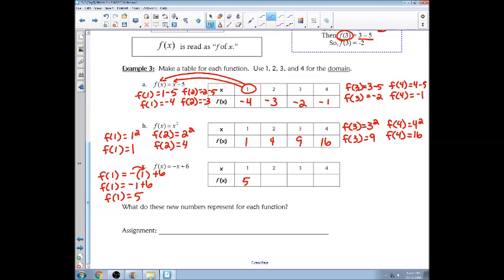I'm going to do the same thing with f of 2. So f of 2 is equal to negative 2 plus 6. F of 2 is equal to 4. Same thing with 3.